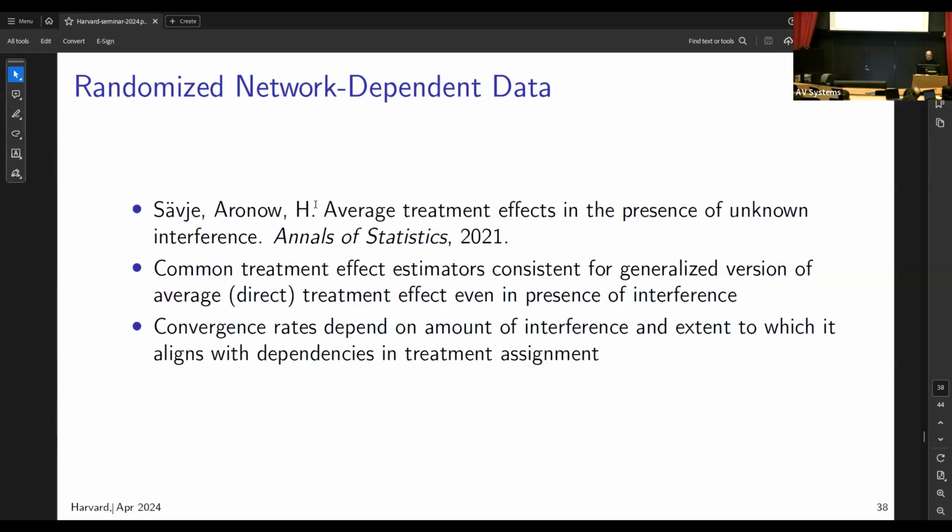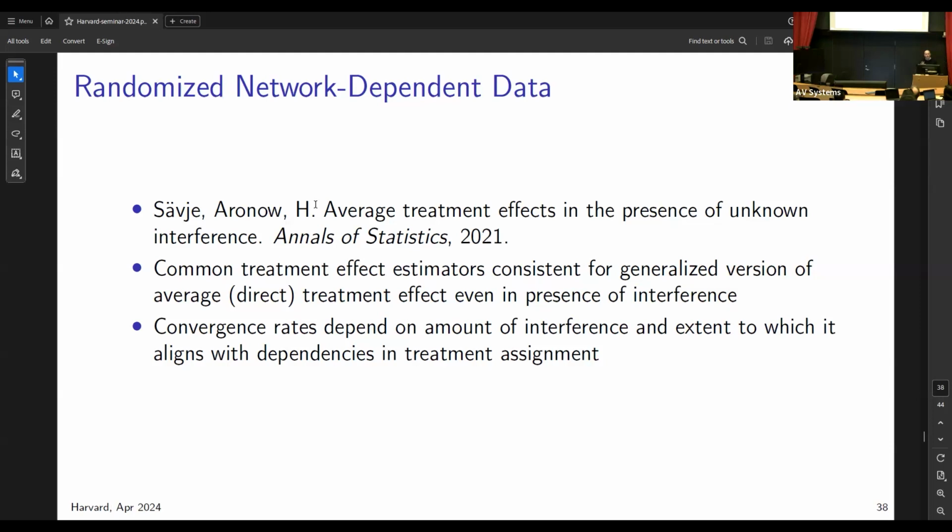We also have this paper, published a couple of years ago, where we said suppose you're running a randomized study and you did something simple like a difference in sample means or a difference in Horvitz-Thompson type estimators. Would you still get, in some sense, the right answer as an estimate of the direct effect of treatment, even if interference was present? And the answer in this paper is, surprisingly, yes.